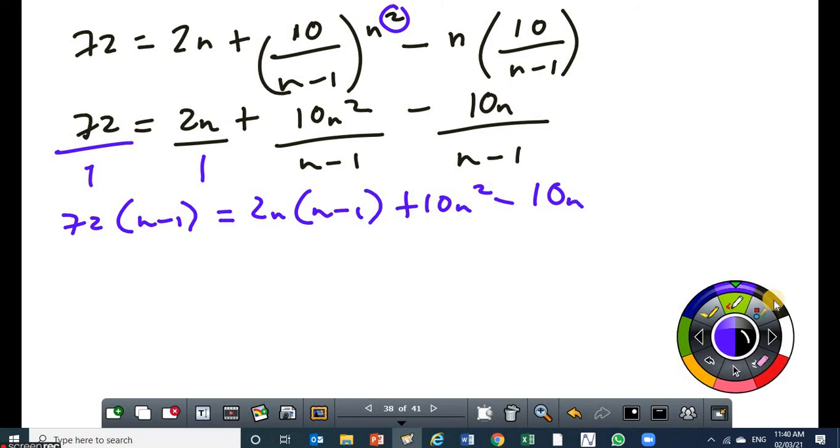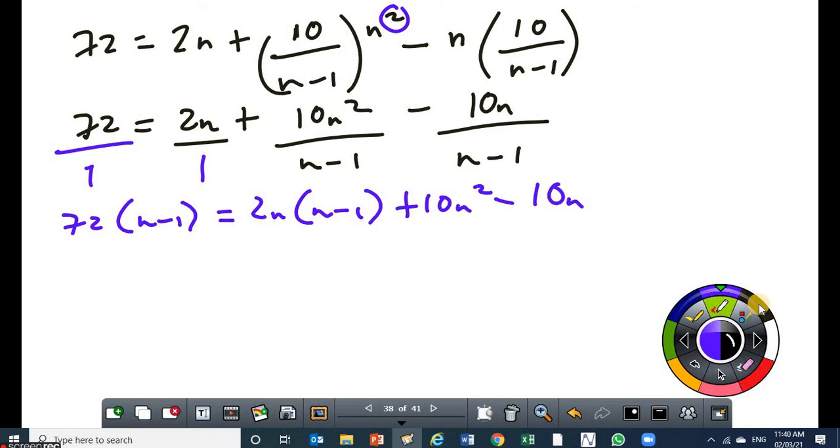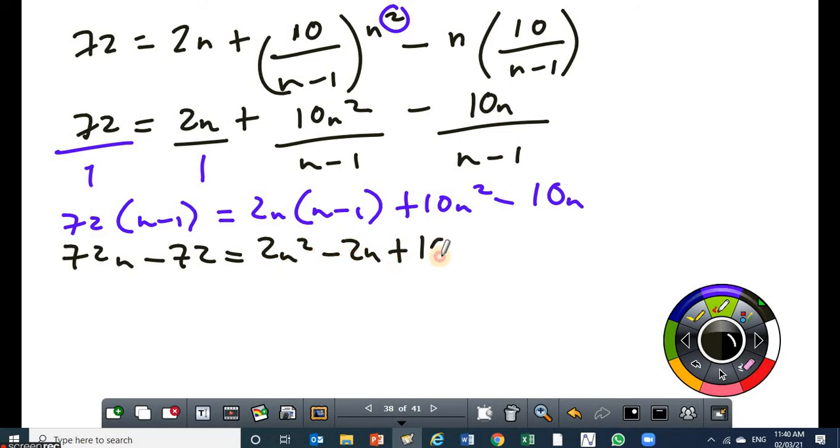It becomes an equation with no denominators. So this becomes 72n minus 72 equal to 2n squared minus 2n plus 10n squared minus 10n.